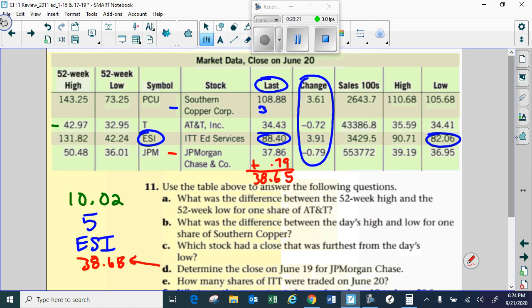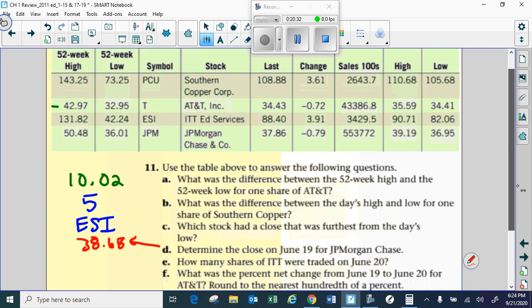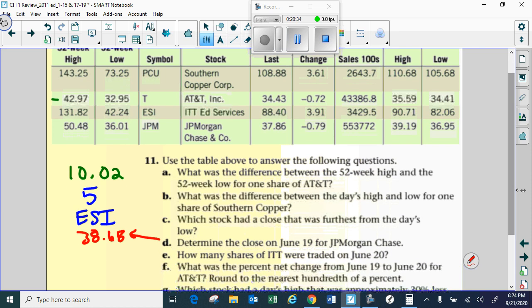How many shares of ITT? Let's erase this now so we see everything clearer. And we'll put that right about there. How many shares of ITT were traded on June 20th? That's where we look at the sales. Remember, I take this number times 100 for the actual sales.